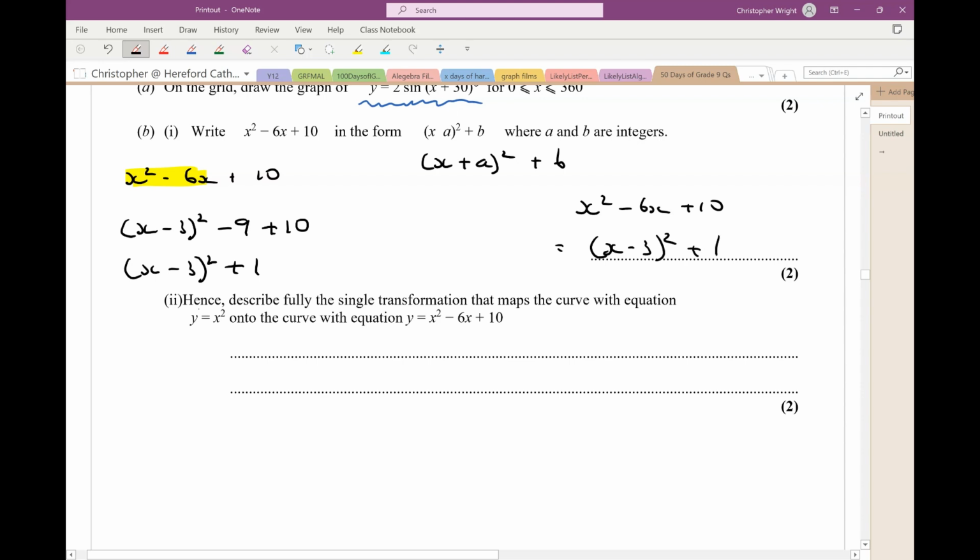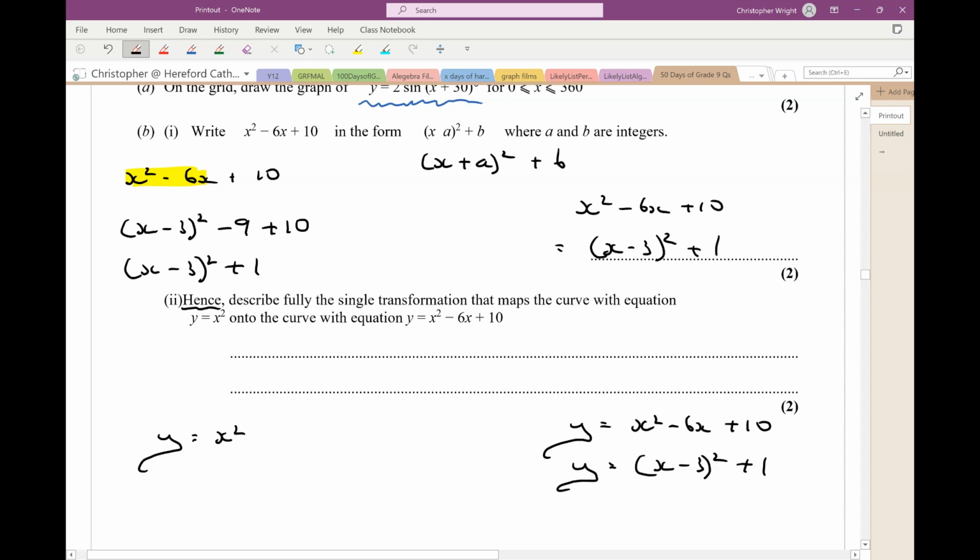Hence, use your answer to describe fully the transformation that maps the curve with the equation y equals x squared onto the curve y equals x squared minus 6x plus 10. Well, you know that that is the same as the curve y equals (x minus 3) squared plus 1.